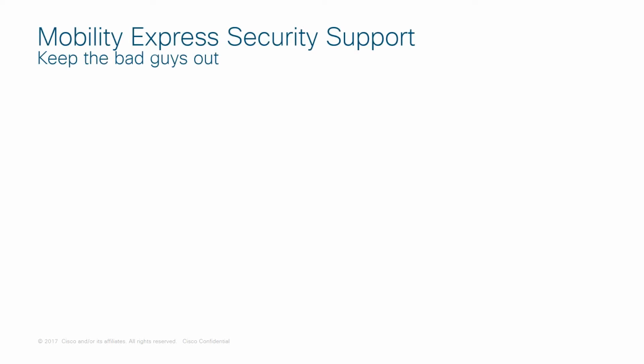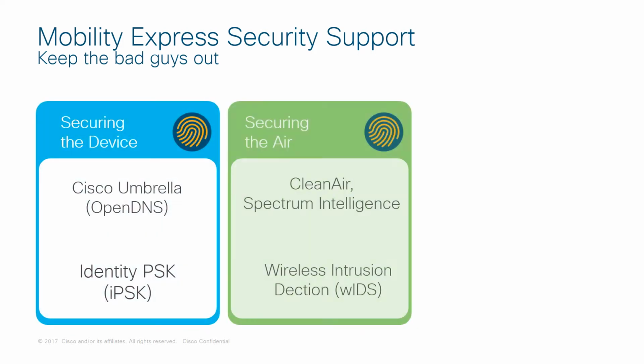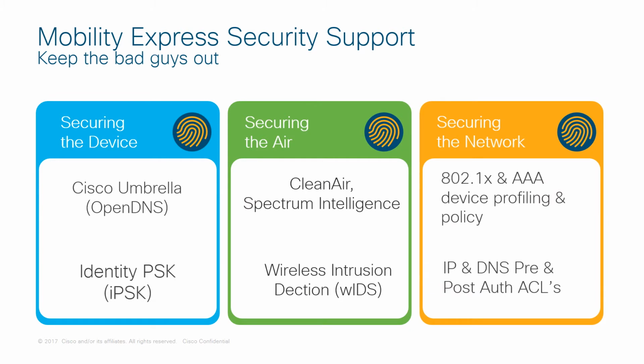Security is always top of mind for any customer. Mobility Express helps you keep out the bad guys by securing the device, the air, and the network. With robust .1x AAA and ACLs, you can segment the network, set policies, and protect the network.